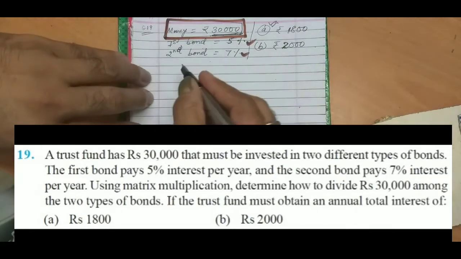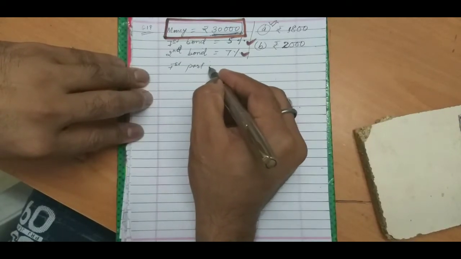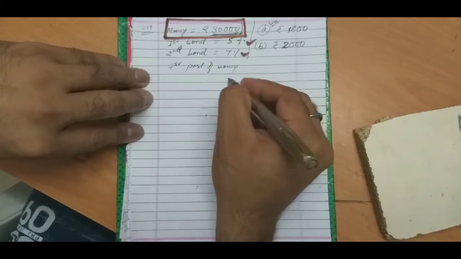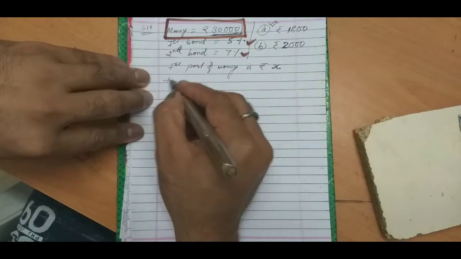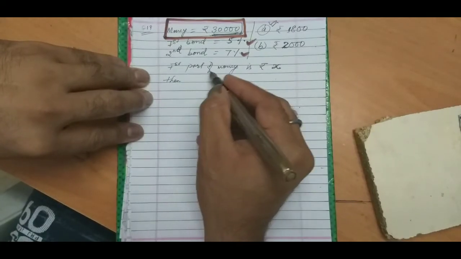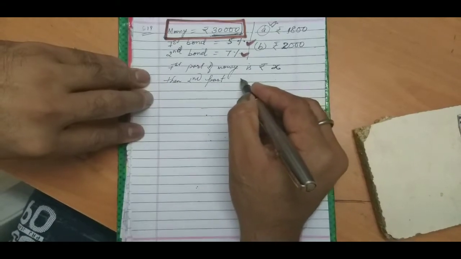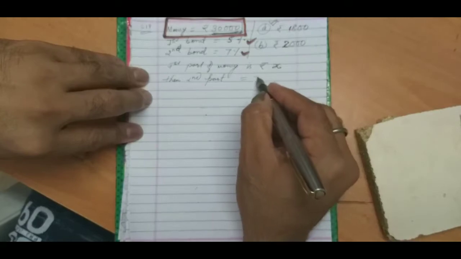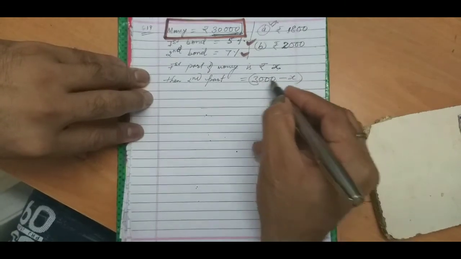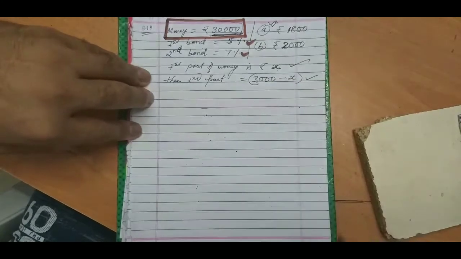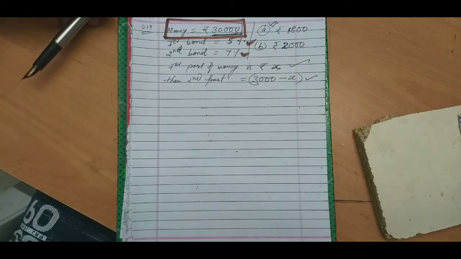So let us suppose the first part of money is rupees X, then the second part, that is the remaining part, will be equal to 30,000 minus X.